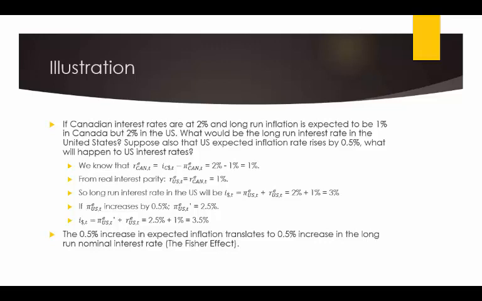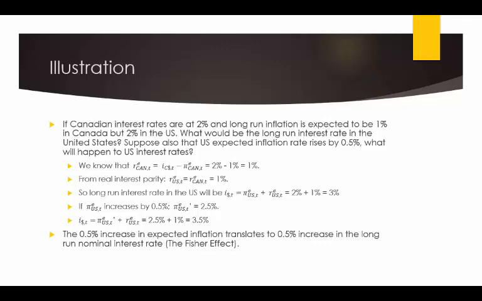To answer these questions, first recall that for any country, the real interest rate is given by the difference between that country's nominal interest rate and its inflation rate. So in Canada, the long-run real interest rate is 1%.